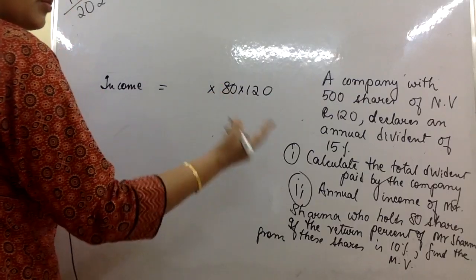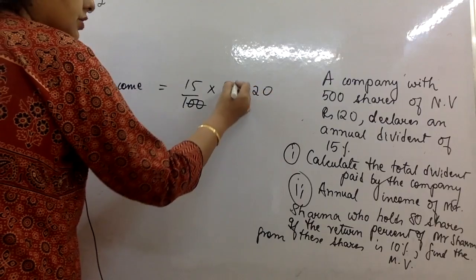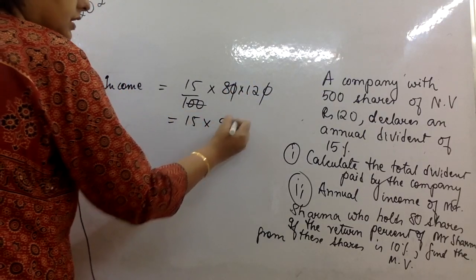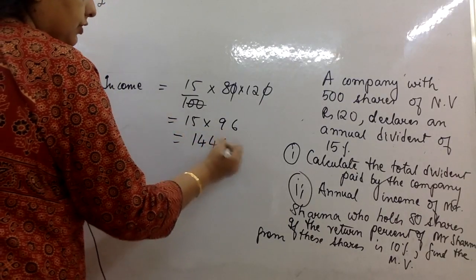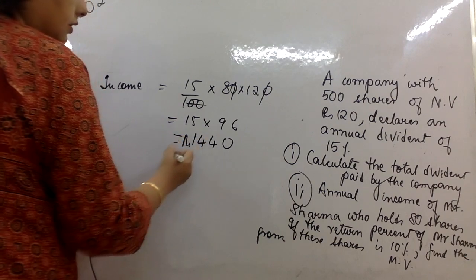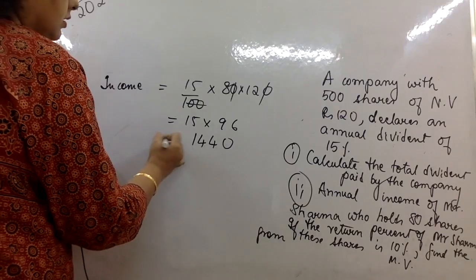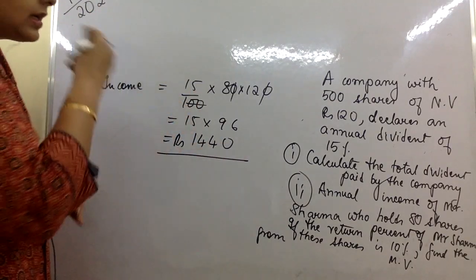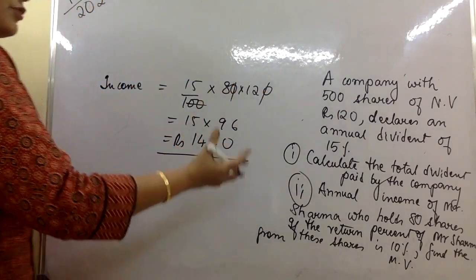You don't need a formula for that, and 15% of that. So you get 15 into 96, which is equal to 1440 rupees. 1440 is the annual income of Mr. Sharma, because he is earning this from dividends.